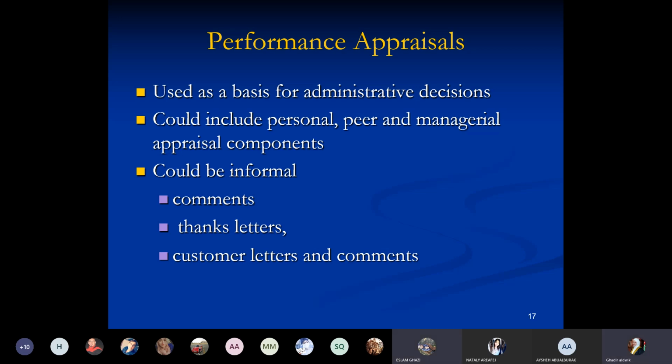Okay, this is a benefit of performance appraisal, to improve the quality of the organization or the management. But my question is, how can we utilize the performance appraisals of the staff in administrative decisions? What are the administrative decisions that we can take based on the performance appraisal?